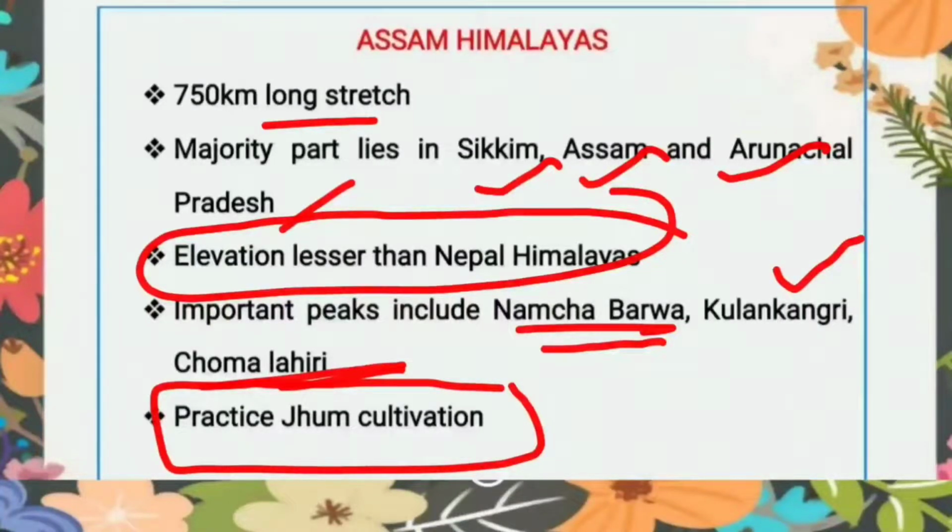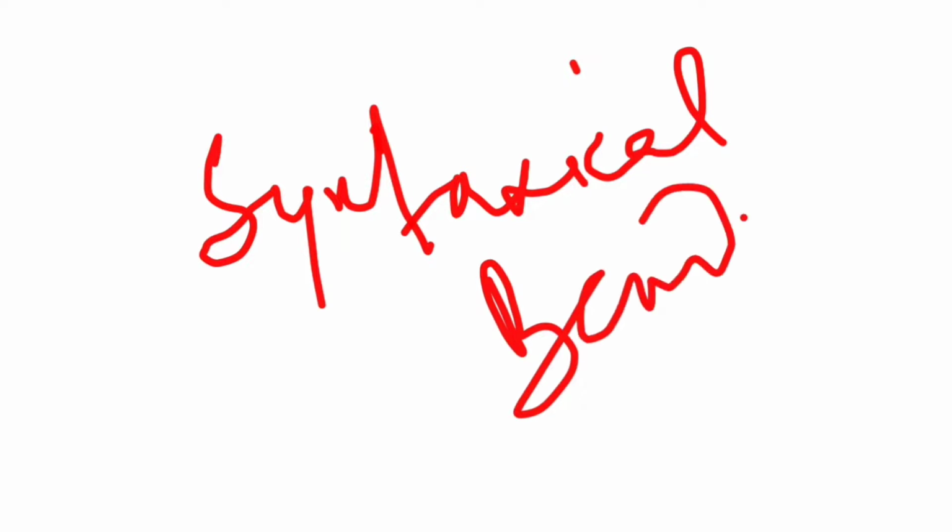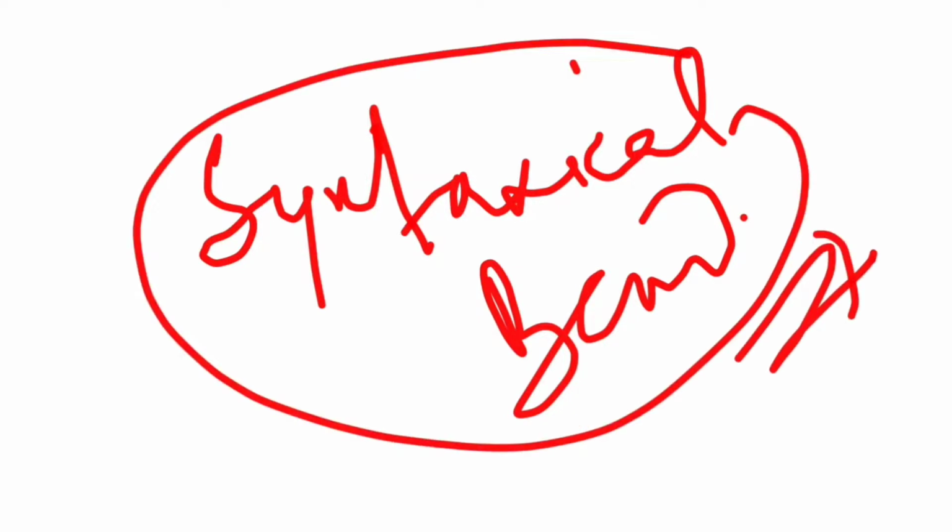Talking about the bend on the western and the eastern extremities, the syntaxial bend. So, on the western and eastern extremities, the Himalayas abruptly terminate, and the Himalayas take a sharp southward bend, and that bend is known as the syntaxial bend. The western syntaxial bend occurs at the Nanga Parbat.